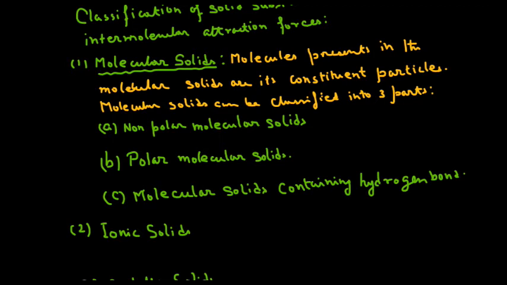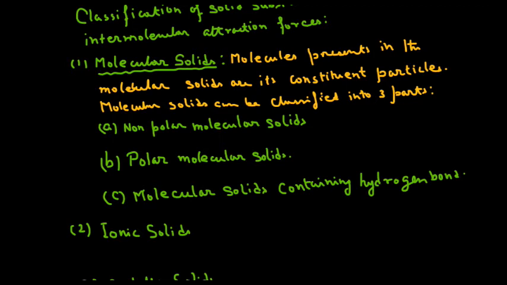First is non-polar molecular solids. Elements like argon and helium, and molecules formed by non-polar covalent bonds, like dihydrogen, dichlorine, diiodine, etc., can be included in this type of solids.